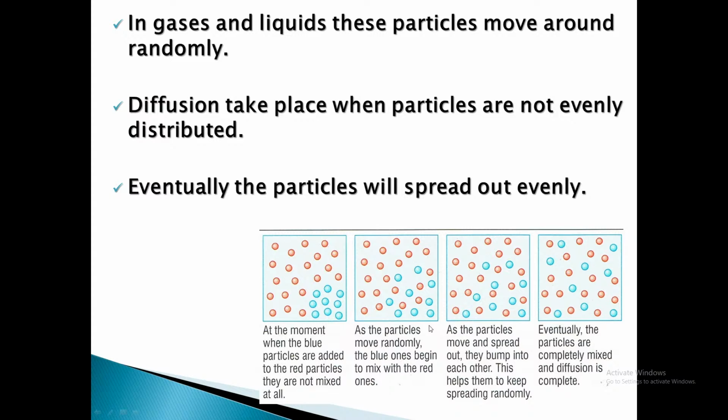This helps them to keep spreading randomly. Once they bounce into each other, they do not stop moving until they find their individual space where they are not all bundled up at one corner. And eventually, the particles are completely mixed and diffusion is complete.